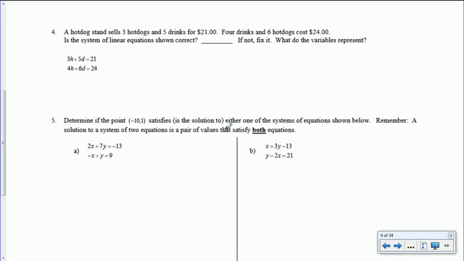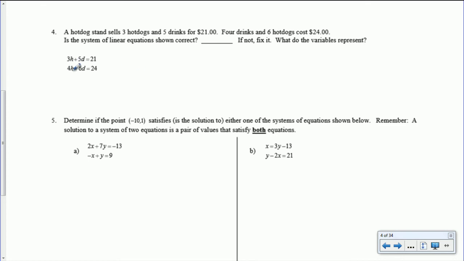So 3 hot dogs and 5 drinks is $21, and 4 drinks and 6 hot dogs cost $24. So 3 hot dogs, 3H, and 5 drinks at 21. 4 drinks and 6 hot dogs.